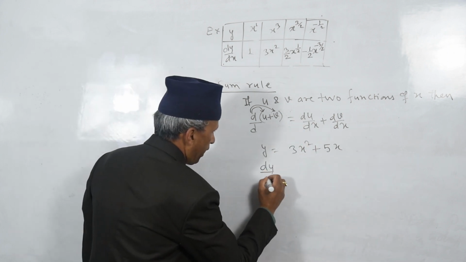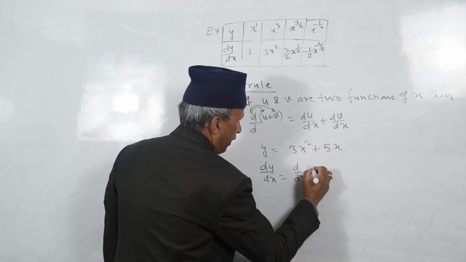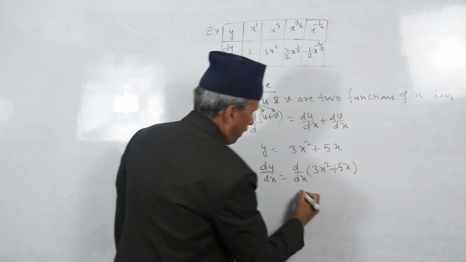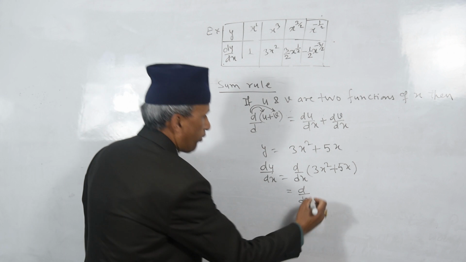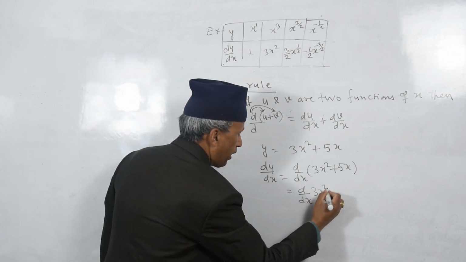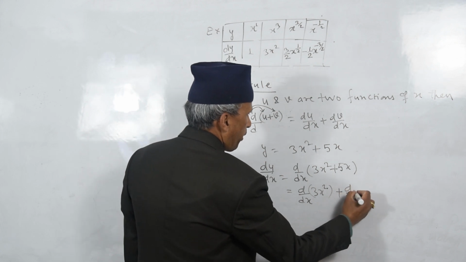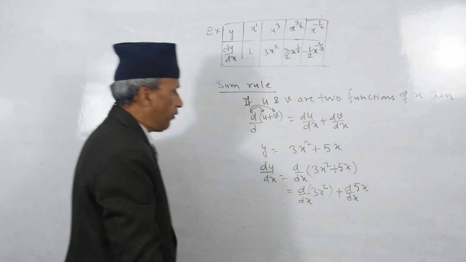So dy by dx is equal to d by dx of (3x square plus 5x), which is d by dx of 3x square plus d by dx of 5x.